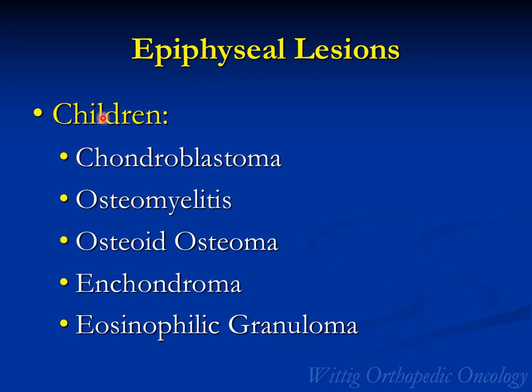In children, this is a differential for epiphyseal lesions: chondroblastoma, osteomyelitis, osteoid osteoma, enchondroma, although it's very rare, usually these are more metaphyseal, and eosinophilic granuloma.